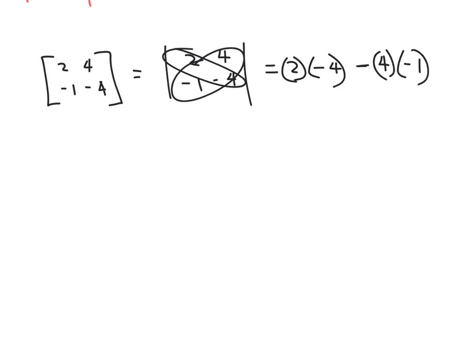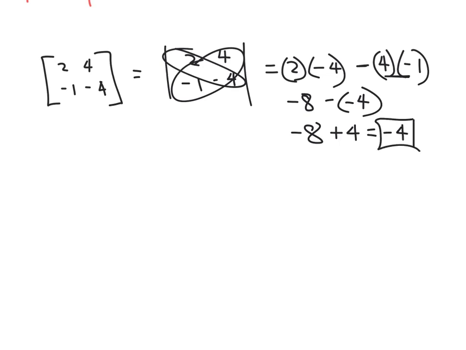The only reason I do that is because of this doggone negative sign, sometimes you get negatives in here and you don't know if you're supposed to have them or not, and this way it keeps everything orderly. Negative 8 minus negative 4, which is negative 8 plus 4 equals negative 4. So the determinant of this is negative 4.